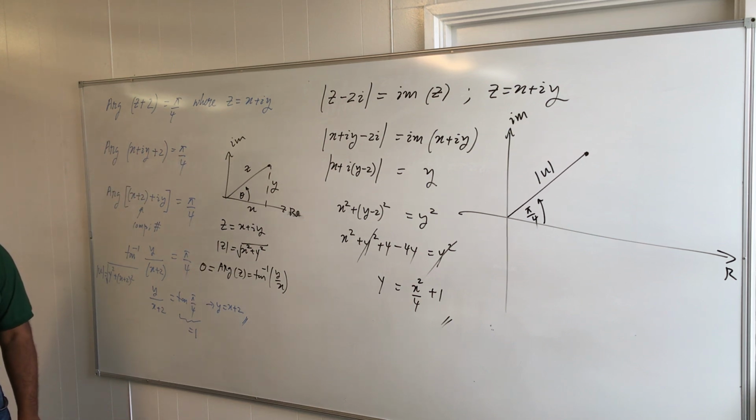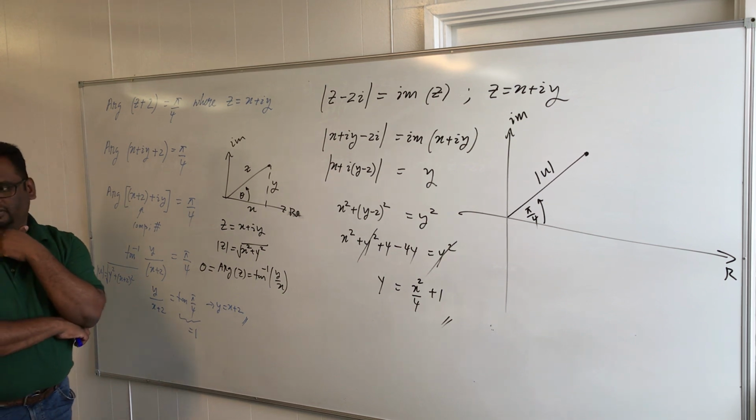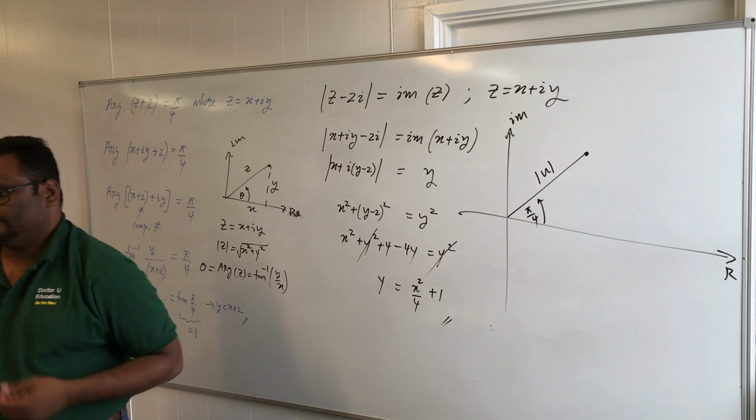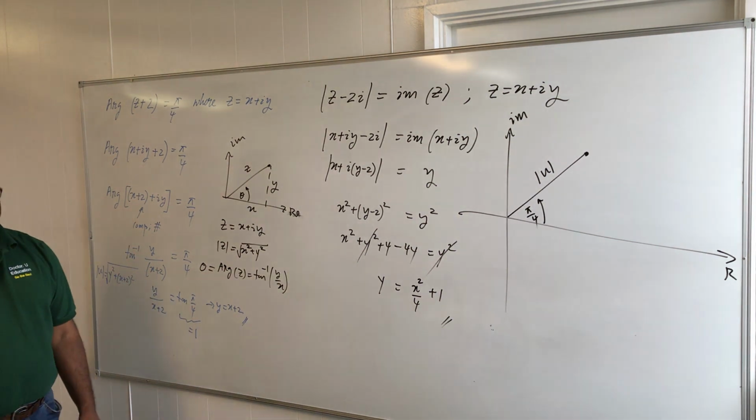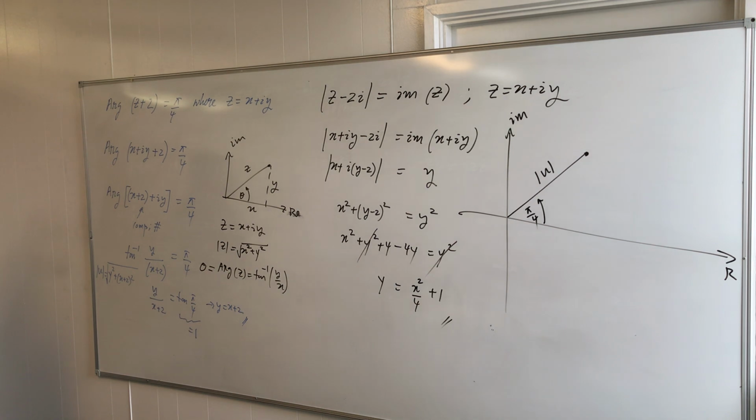So when you draw the mod, shouldn't it go to infinity? Theoretically, yes. This is finite, right? We are talking about the finite space, not the infinite space. Yeah, technically, yes, it can go to infinity.